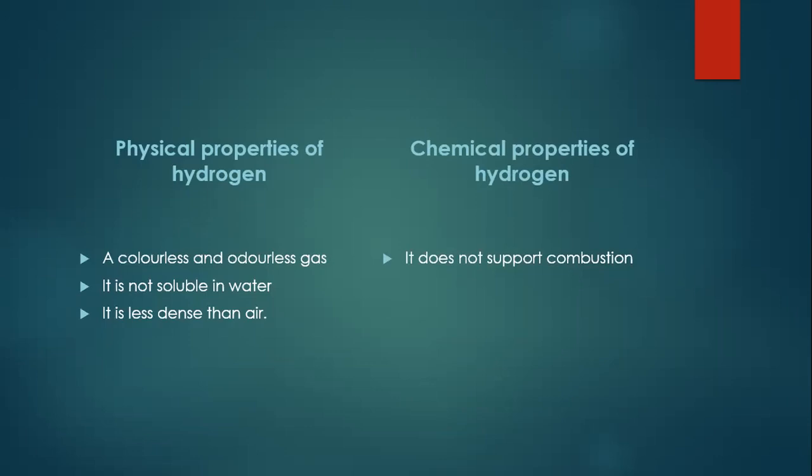Two, it is used as a reducing agent. Reducing agents are agents that give off or release electrons. So they reduce, they give off electrons. That is this reducing agent.